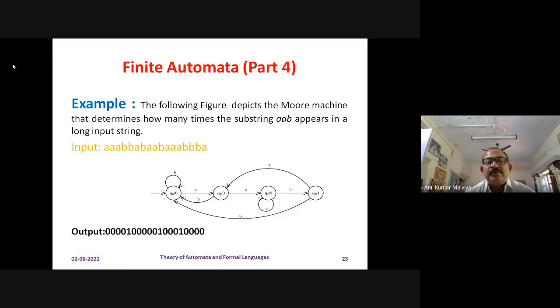What does it mean? The machine has recognized AAB in the given input string. Okay? Is that clear? So this is one example of a Moore machine to determine how many substrings AAB appear in a long input string. Okay.